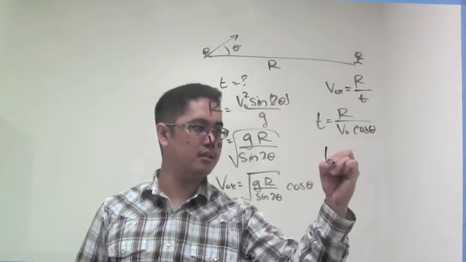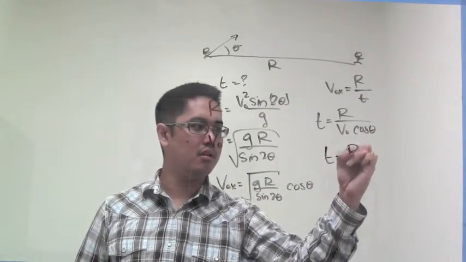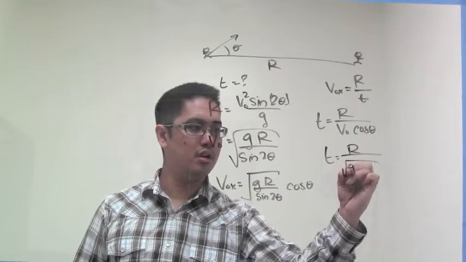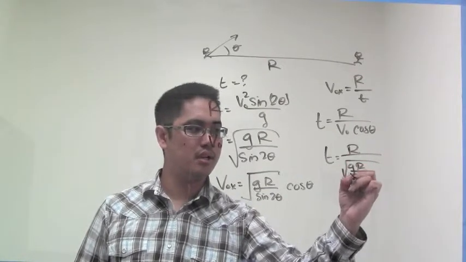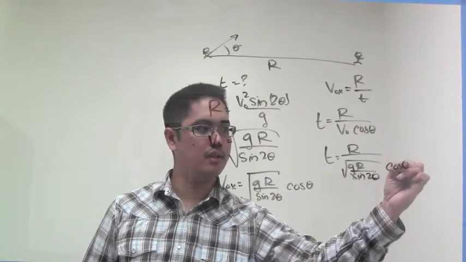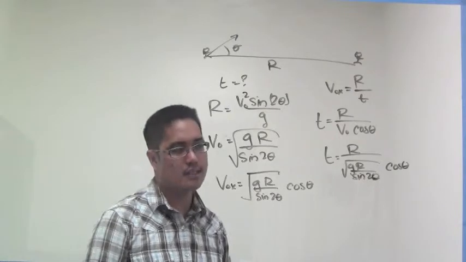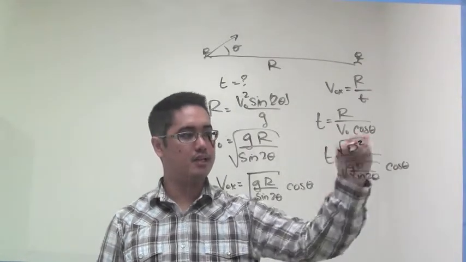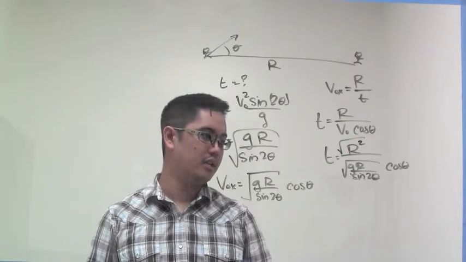So t is equal to r over the square root of gr over sine 2 theta, times the cosine theta. Let's put that all into the same square root sign. I'm going to make that squared and put a square root over that.